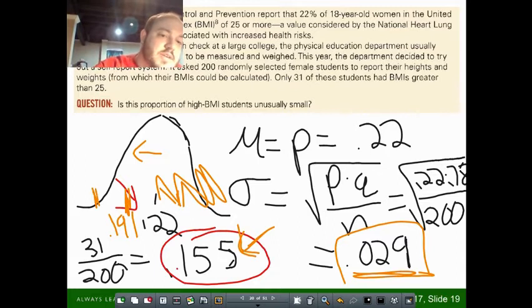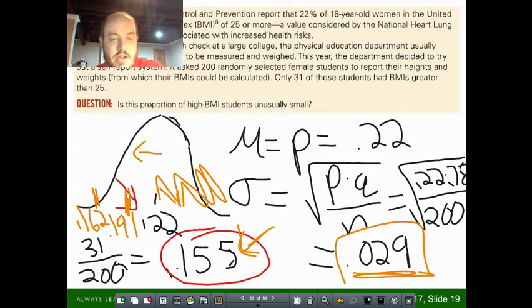So how about two standard deviations away? In other words, we are moving two standard deviations below the 22%. So I will just again subtract the 0.029, and that gives me 0.162.